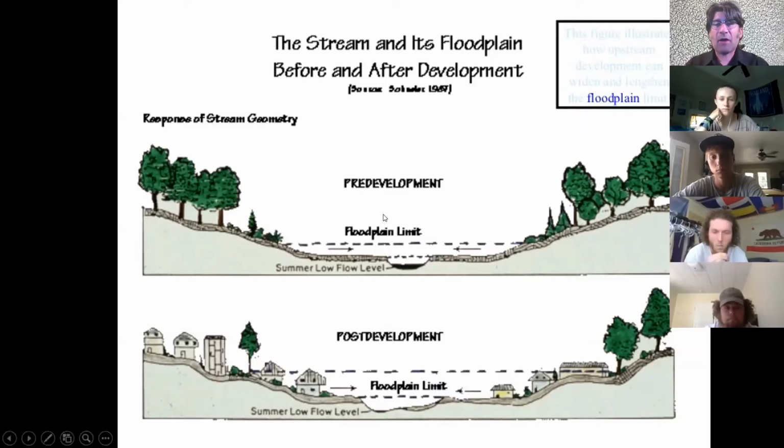So how is that going to change when we go from a pre-development setting to a post-development setting, where we put a bunch of houses on the landscape? Some of those houses might be where we actually have floods, but putting those houses on is also going to put more water in the channel by decreasing the infiltration, and that's going to increase the size of the floods. So these are all variables we have to account for when planning how we build cities.